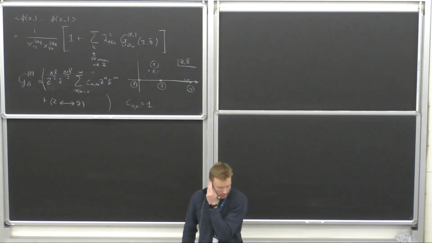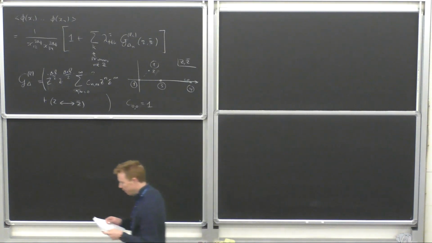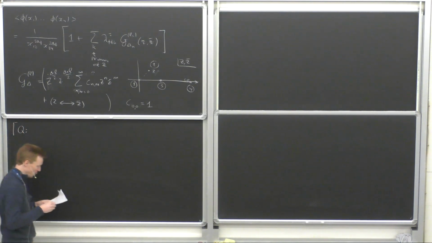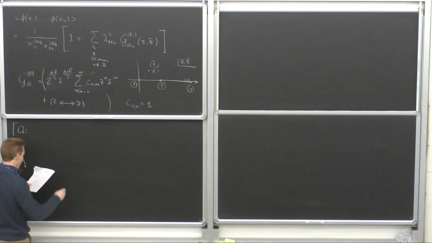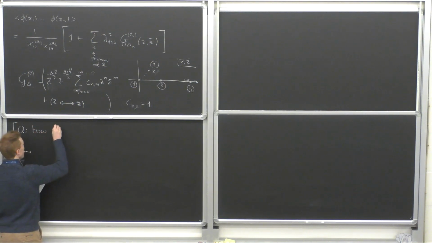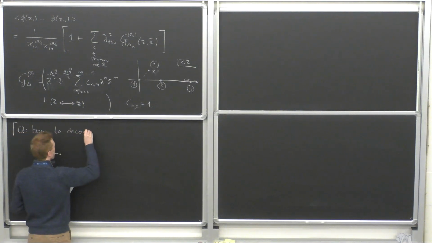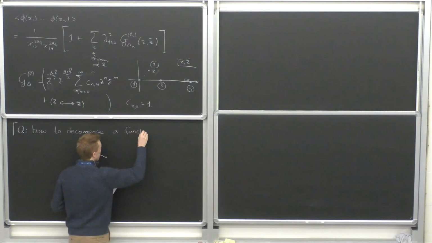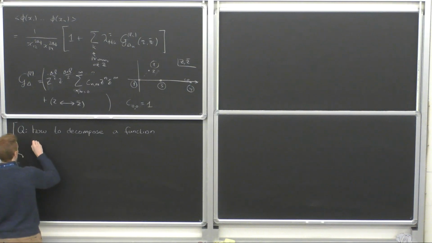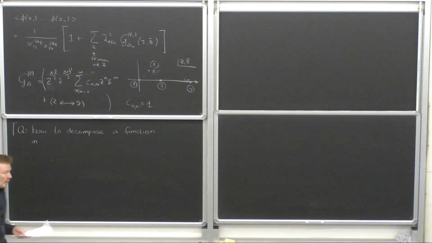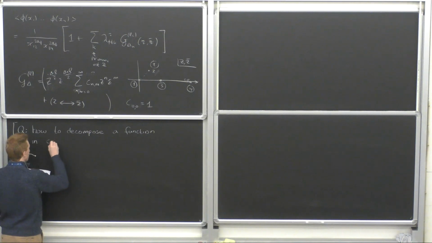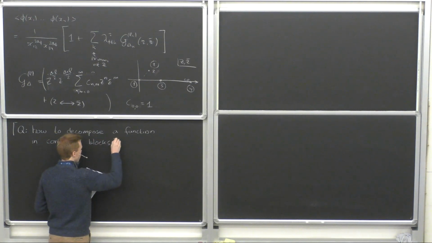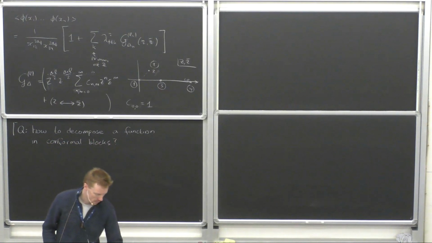One maybe dumb question, which sometimes causes confusion to some people. I don't think it's really necessary, but suppose some very powerful person gave you a 4-point function. How do you decompose it in conformal blocks? What's the trick?